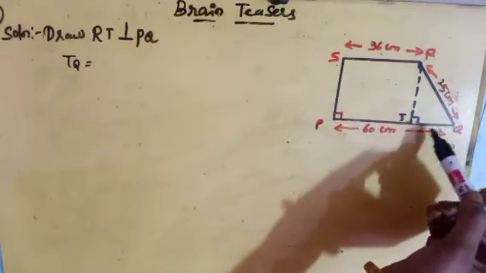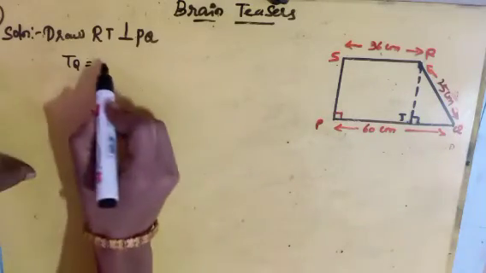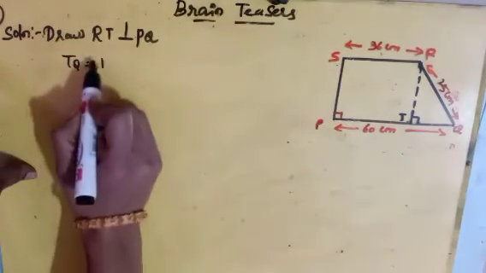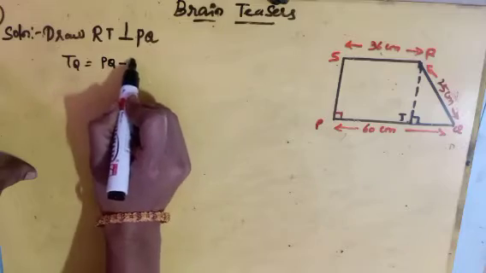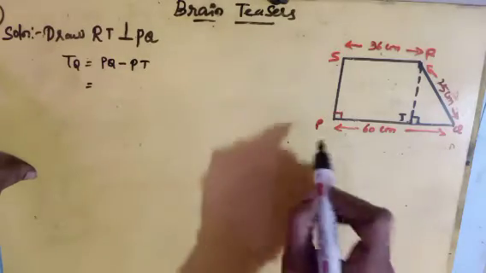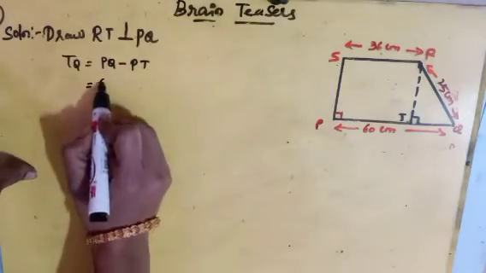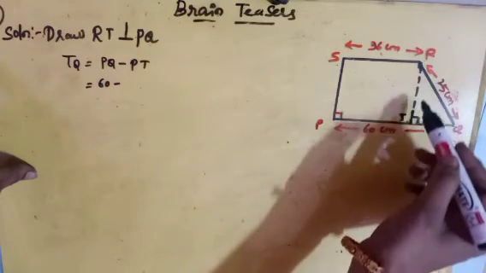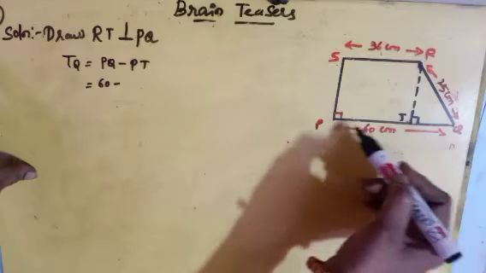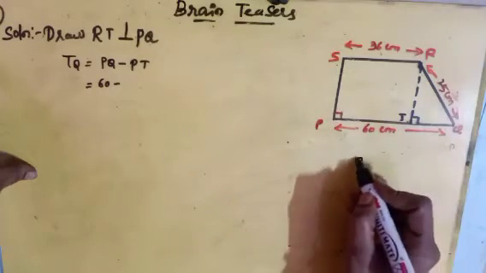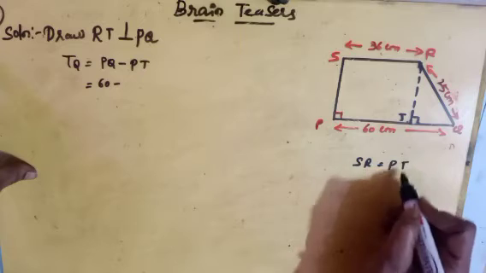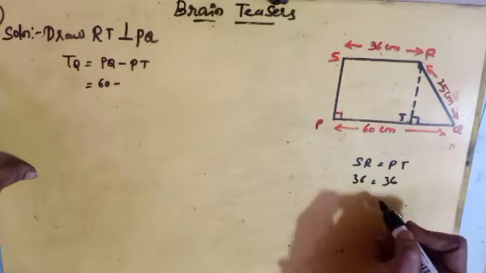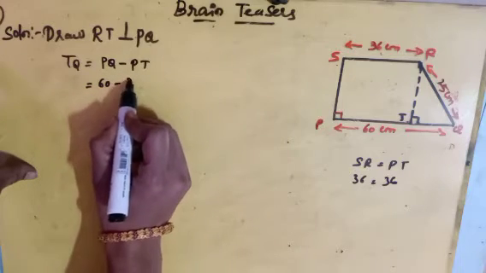Let us find the value of TQ. To find TQ, we have to subtract PQ minus PT. We know the value of PQ is 60, but we don't know the value of PT. From the rectangle, PT is equal to SR. The value of SR is 36, therefore the value of PT is 36.